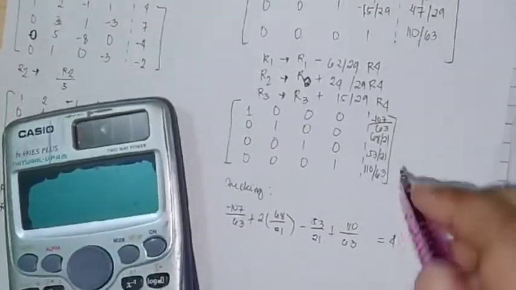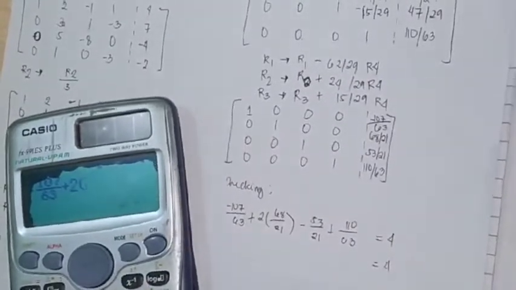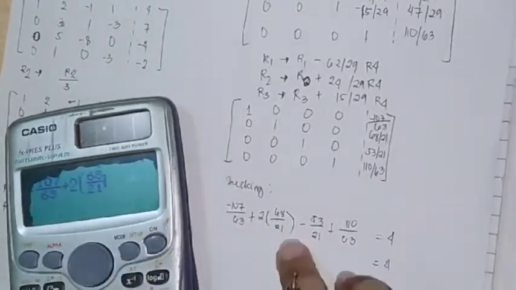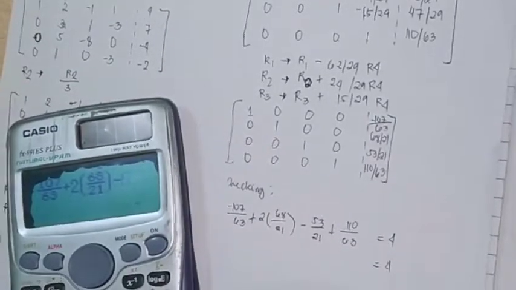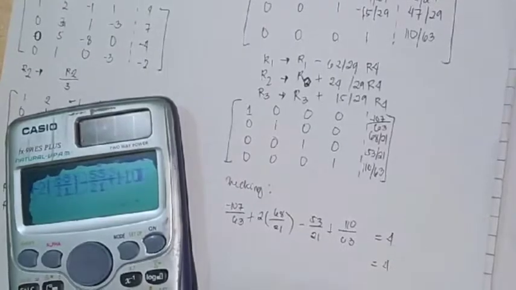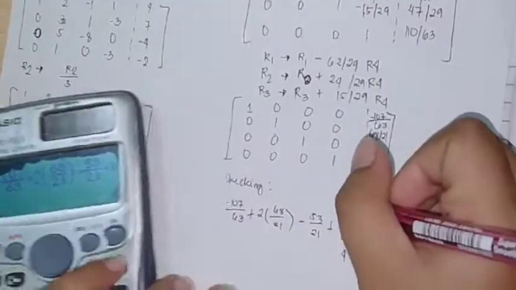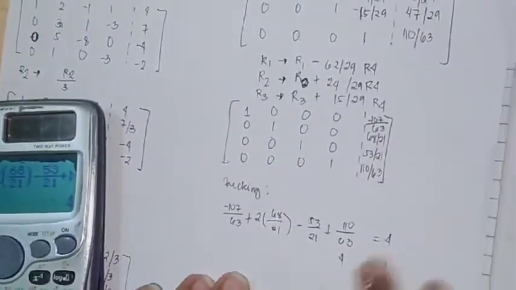If they are equal, then it's true. So negative 107 over 63 plus 2 times 68 over 21 minus 53 over 21 plus 110 over 63 is equivalent to 4. So the first equation is equal.